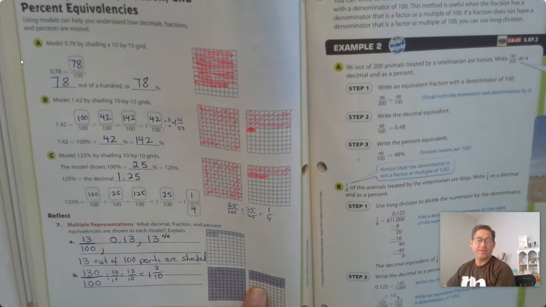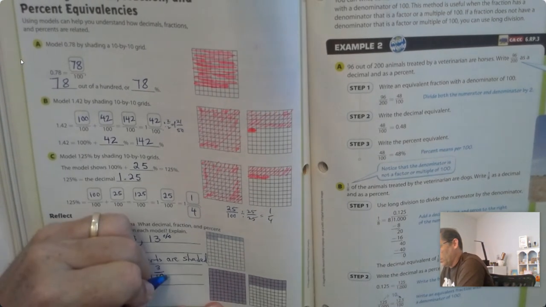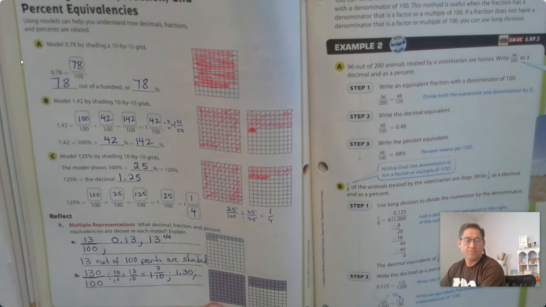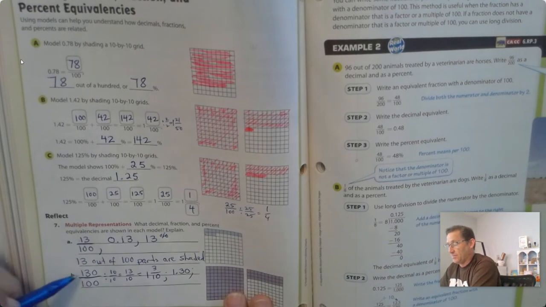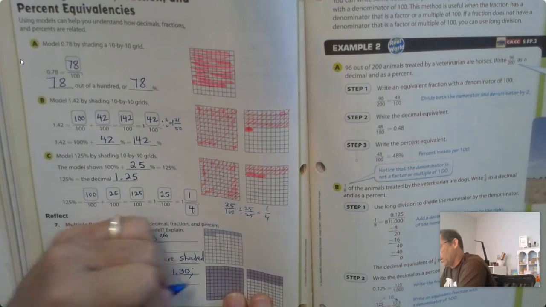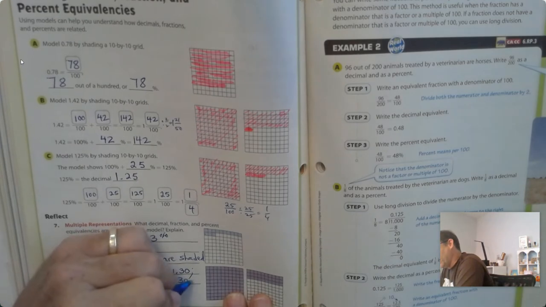So as a decimal that would be 1.3 or 1.30. Either way is fine. And as a percent, we have 130 per 100. So 130%.